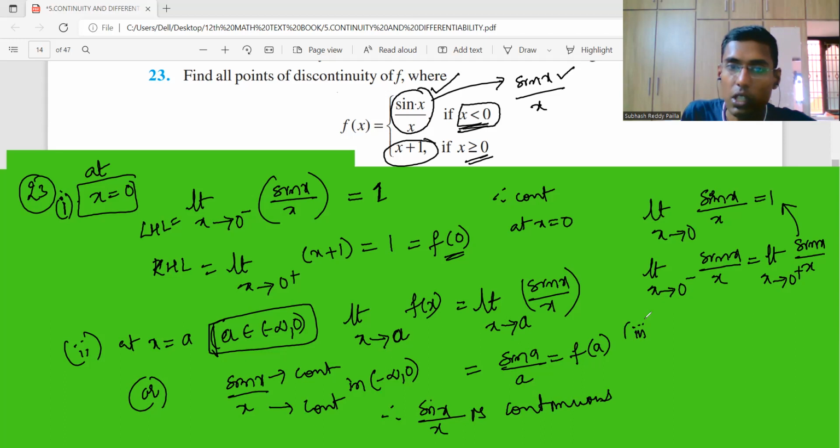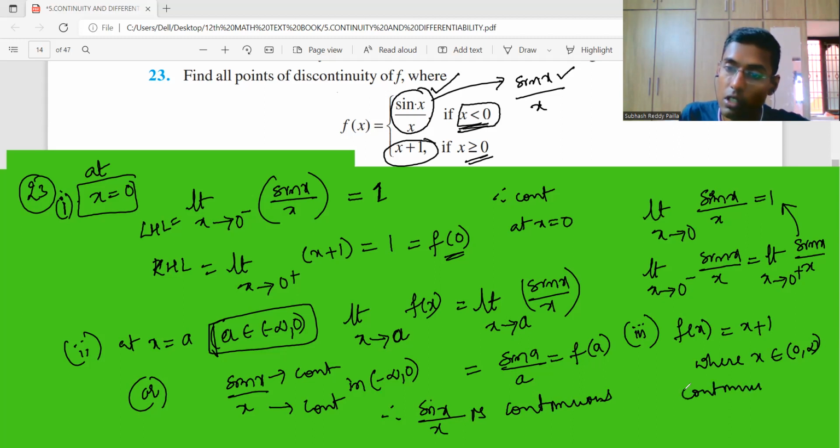Step 3 is what? f of x equal to x plus 1, where x belongs to open interval 0 to infinity, because at 0 it is something else. So that is continuous, of course. 0 to infinity, this is also continuous.